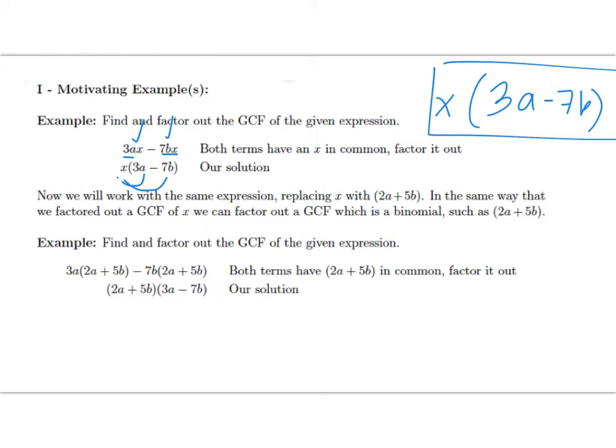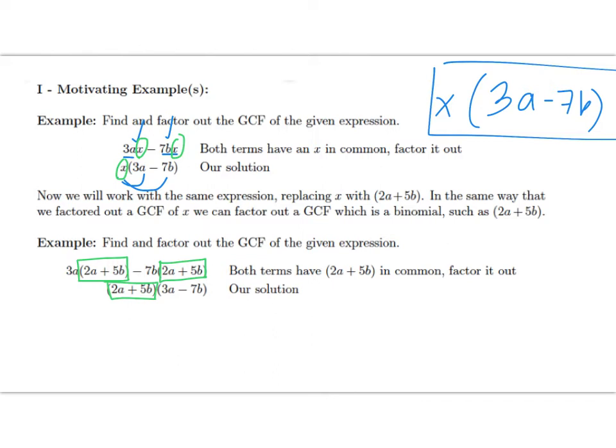So here's something that's interesting, and this is sort of building us up to our factoring by grouping experience here. Notice how, just like both of these terms were a multiple of x, that was the greatest common factor, both of these terms are multiples of 2a plus 5b. So what we'll do is we'll factor that out front, just like we factored the x out front.